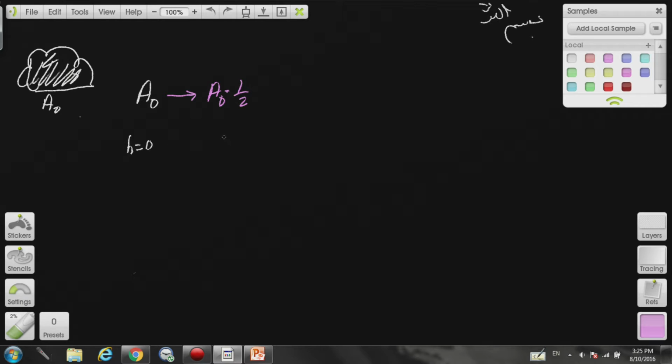So this will be after half-life is 1. After one half-life, this is how much stuff will remain. After the second half-life, it will be half of that remaining. It will be half of this. All right? Correct? That's at the second half-life. And after the third half-life, it would be half of this that remains.